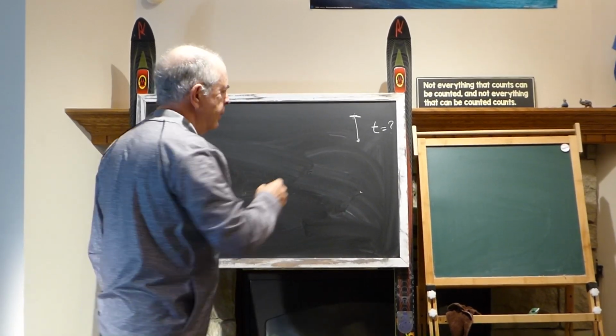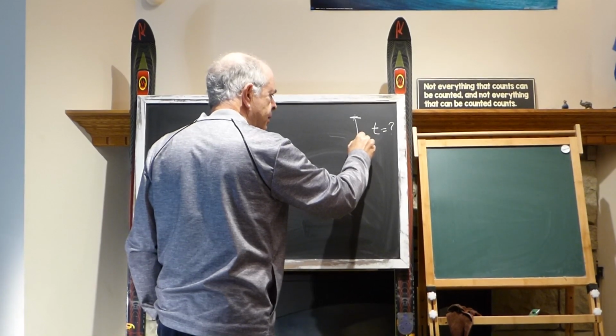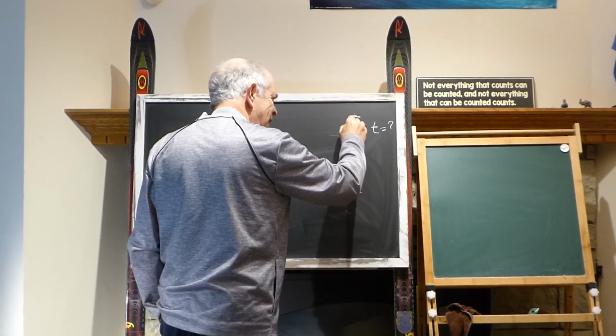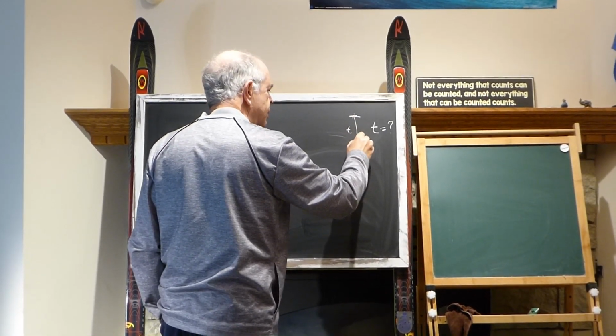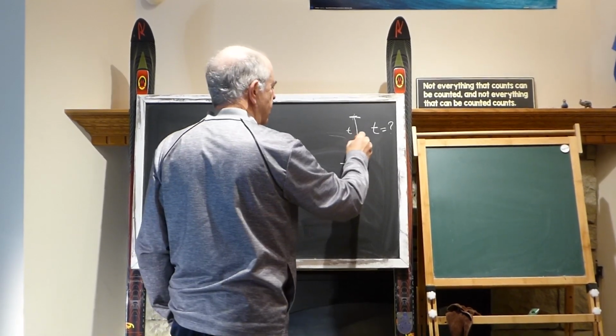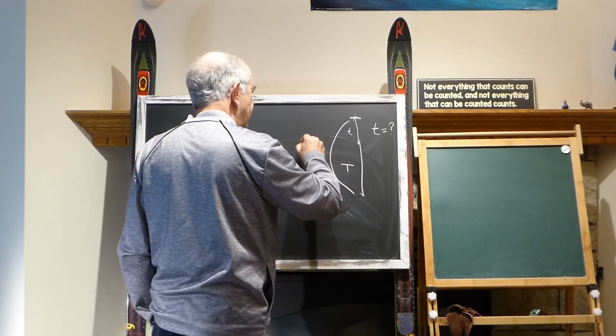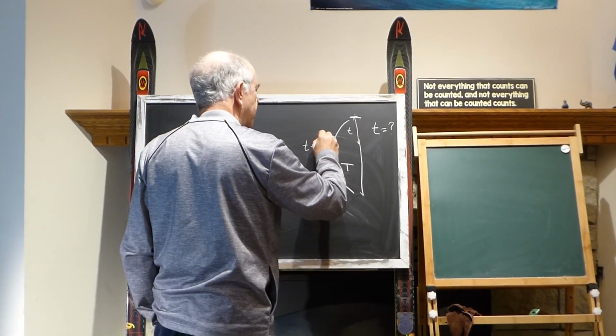For example, this first drop covers t, this is this time, and then there is another time T capital. So in total it travels time t plus T.